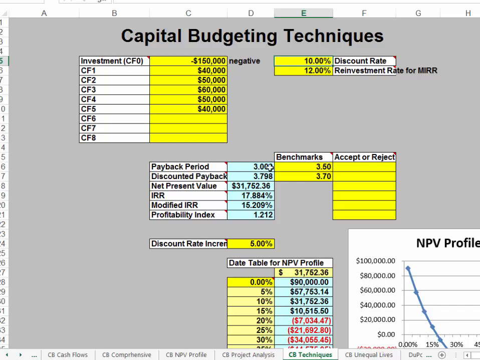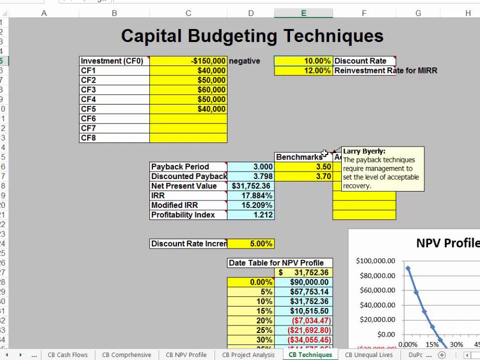So let's think about the techniques that we have involved. If you remember, here's the payback period. How long does it take to recover invested dollars? And what you can see here, the answer says 3 years. So it takes us essentially 3 years to get our money back. And I have a benchmark. These benchmarks for the payback techniques are set by management, so they're a subjective measure.